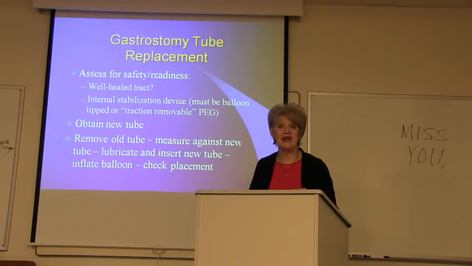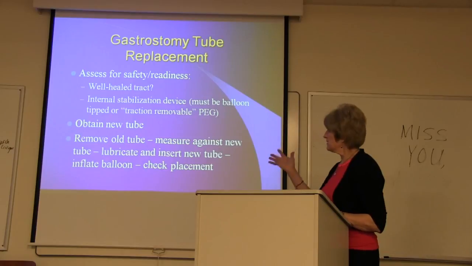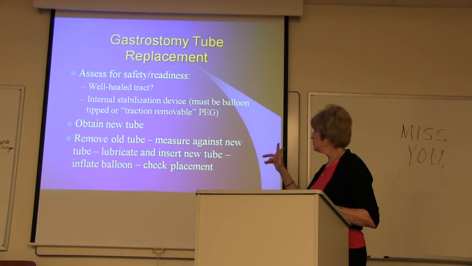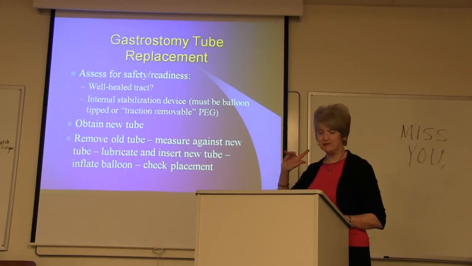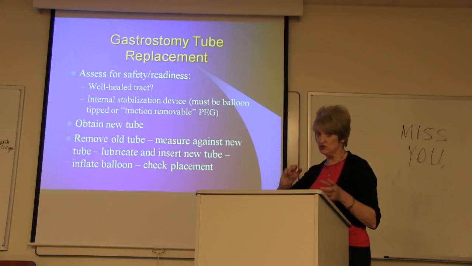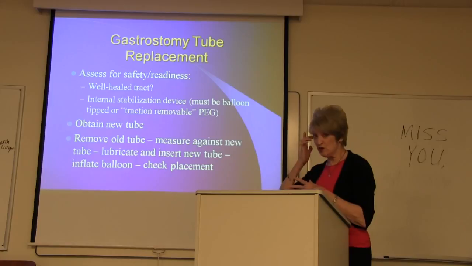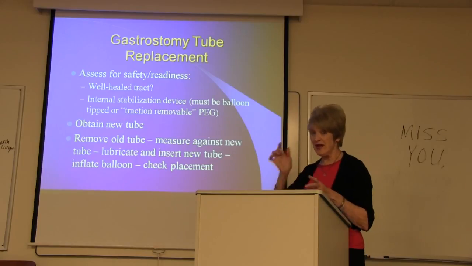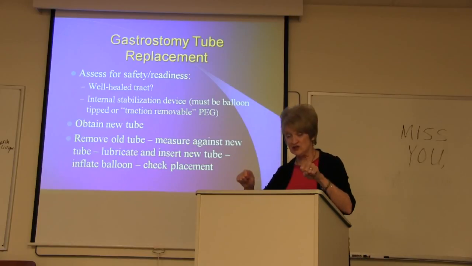But if you're planning a routine replacement, you're going to wait till the tract is well healed, which is usually 6 to 8 weeks. Then you're going to see, well, how is this tube stabilized internally? Is it a balloon tip tube? Okay, fine. All you have to do is deflate the balloon and the tube will come out. If it's a PEG tube, you have to make sure it's traction removable.